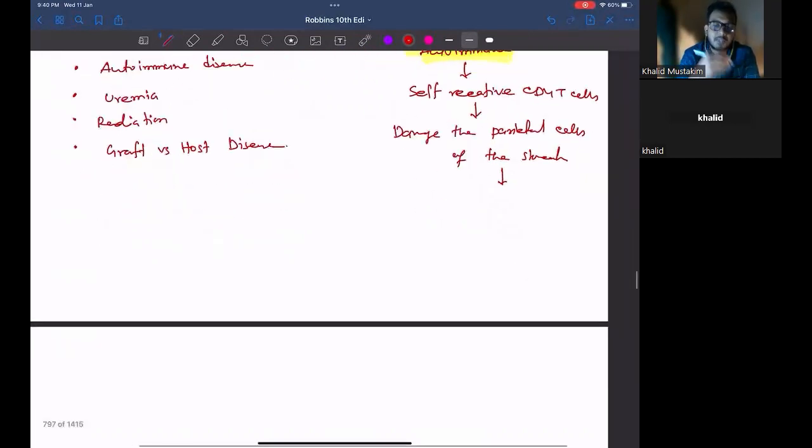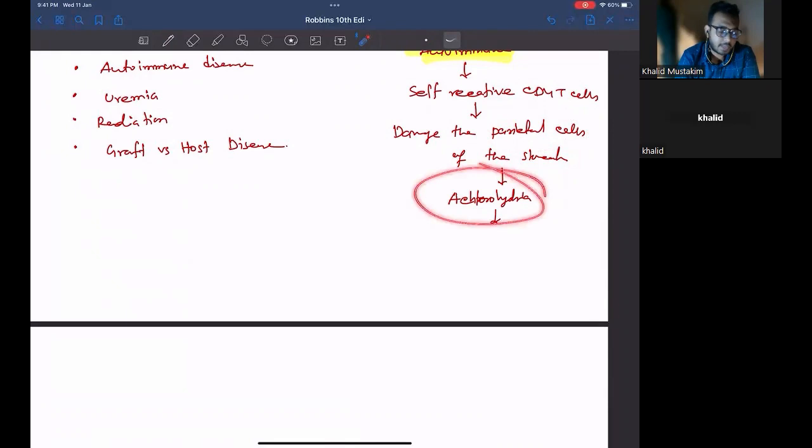Now, the parietal cells of the stomach mainly secrete HCl. So the patient will develop achlorhydria, as self-reactive CD4 T cells have damaged the parietal cells that release hydrochloric acid, and now there are no cells.